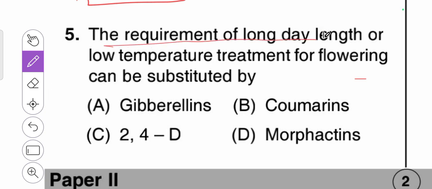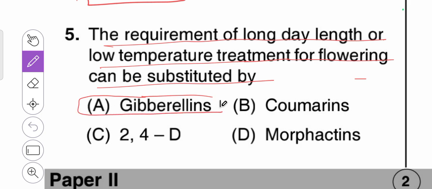The requirement of long day length or low temperature treatments for flowering can be substituted by. So this long day length or low temperature treatment for flowering plants can be substituted by a plant growth hormone, that is gibberellins.